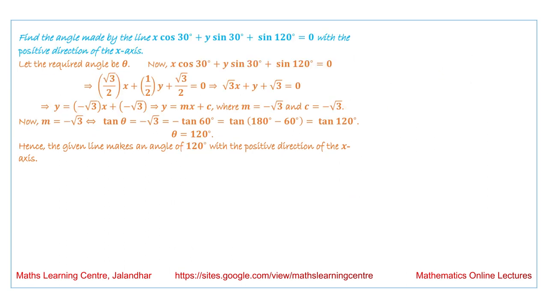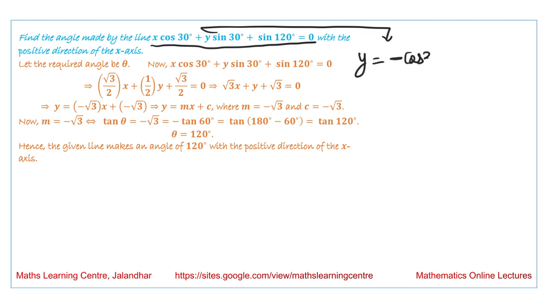Next is to find the angle made by the line, this is the equation of the line given, with the positive direction of the x-axis. So again, writing this equation in the slope intercept form, we obtain that the value of y is equal to minus cos 30 over sin 30 into x, then minus sine of 120 divided by sine of 30.